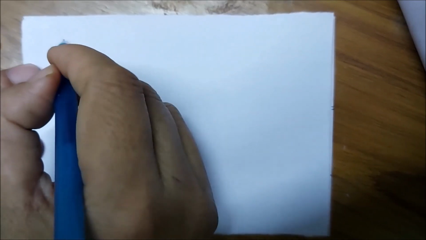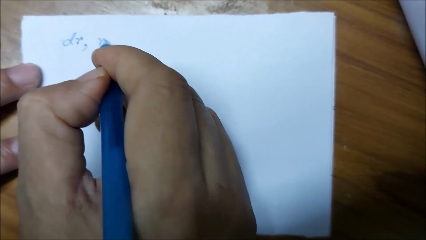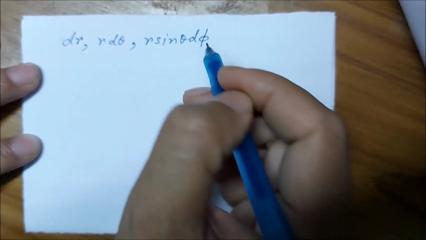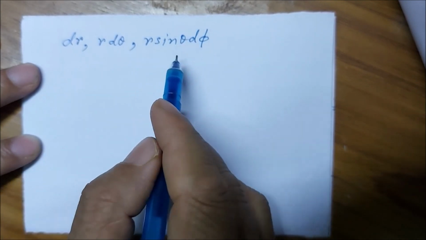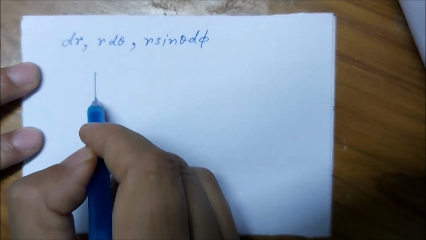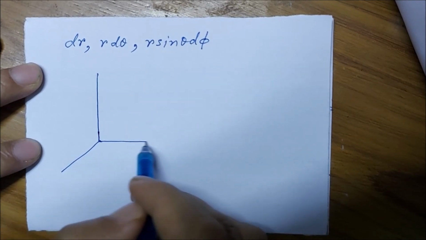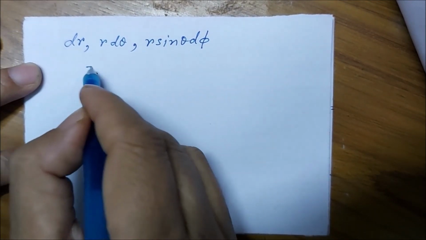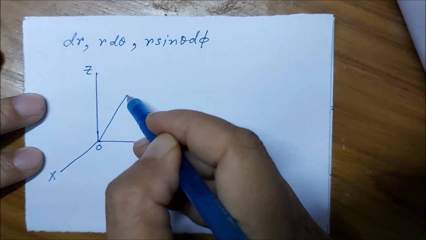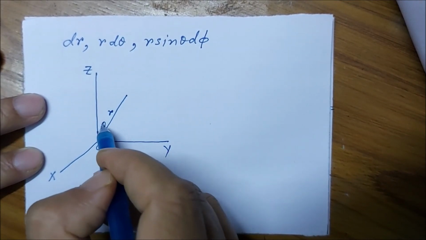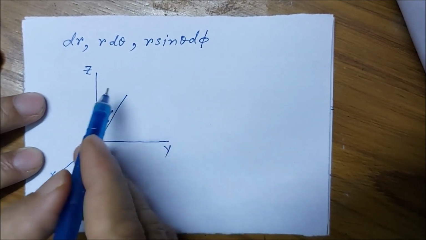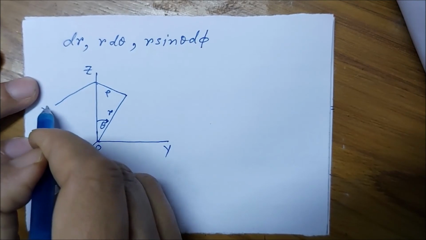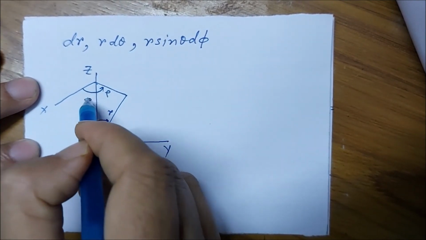In spherical polar coordinate system, the length elements are dr, r d theta and r sin theta d phi. We will multiply them and build a volume element which we will develop in the diagram. This is r, this is theta, this is rho, this being the x-axis, this angle is phi.